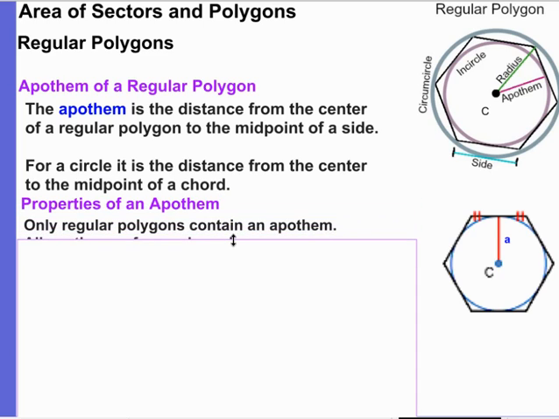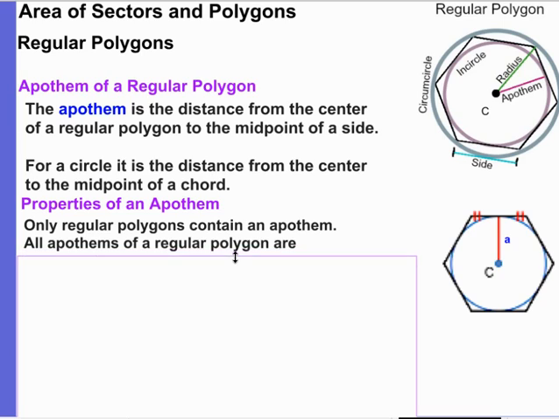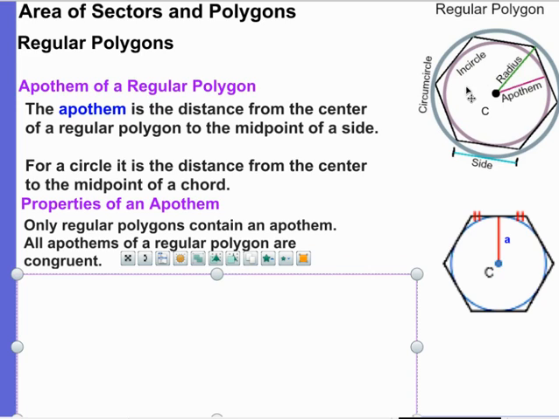Okay, and the properties of an apothem are that it's only regular polygons that contain it, and all apothems of a regular polygon are congruent. And it makes sense that they would be congruent because we've mentioned that it's just the radius of the incircle.